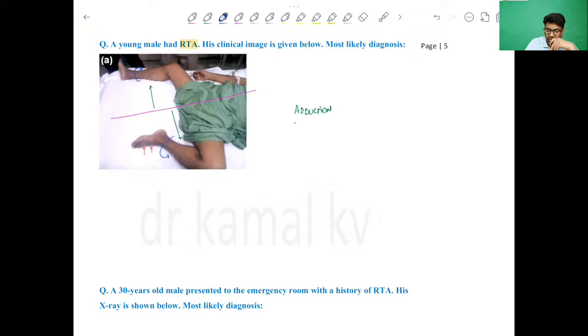So another deformity is external rotation, and obviously there is some degree of flexion at the hip joint. So you will write flexion. So taking these three terms together, flexion, abduction, external rotation, it comes out to be a FABER deformity.